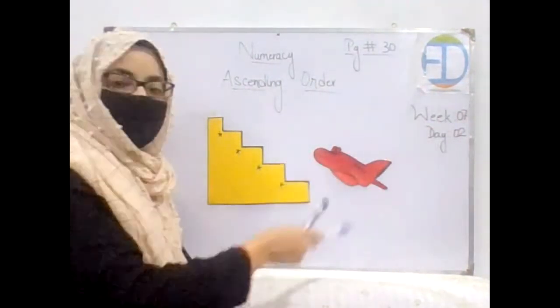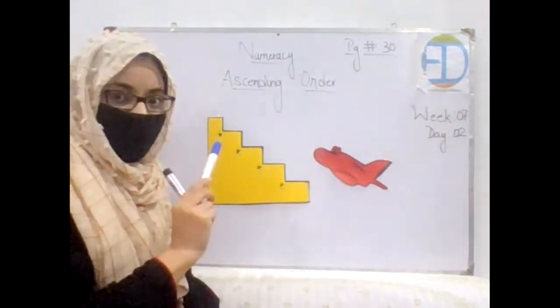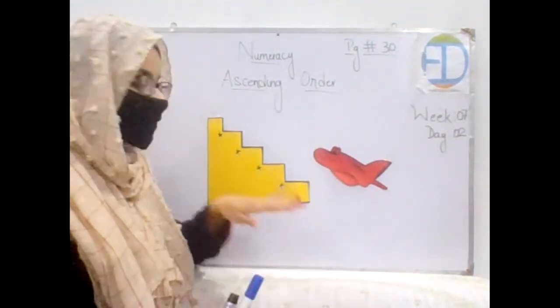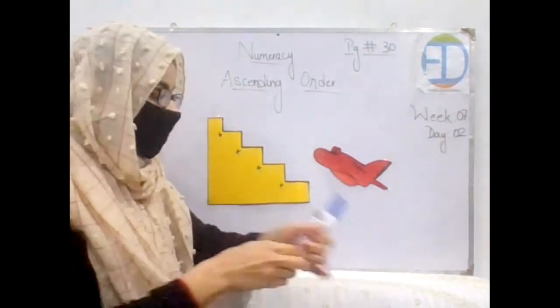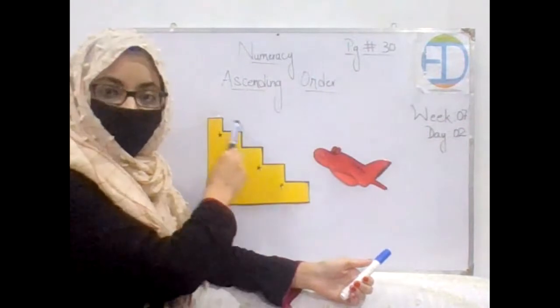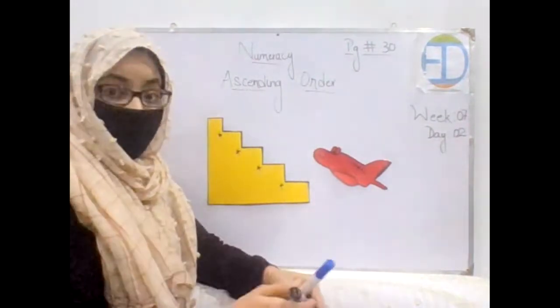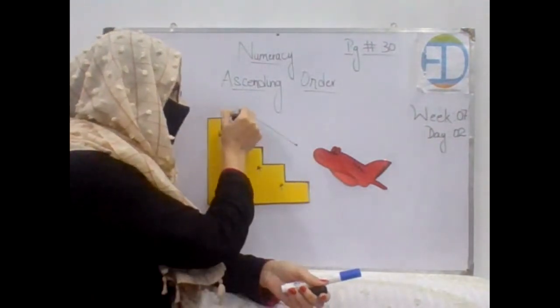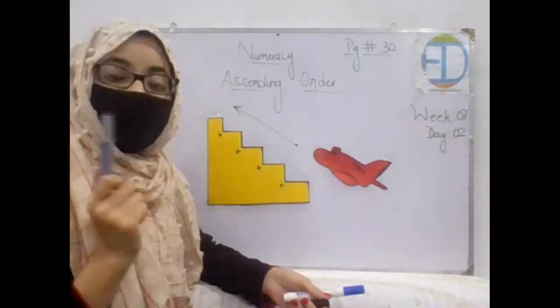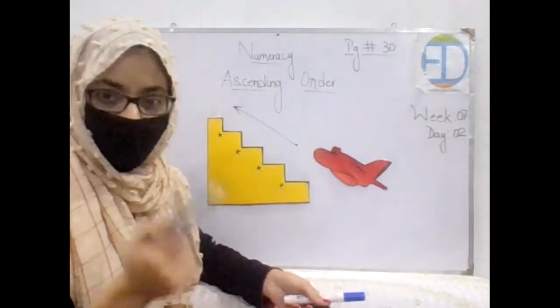And here is this cute mini aeroplane. You will help this aeroplane fly over this, right? Because it's ascending order or increasing order, it will start from here and move towards the upper position, right? We always start from here and then we will be moving upward. So that would be increasing or ascending order, right?